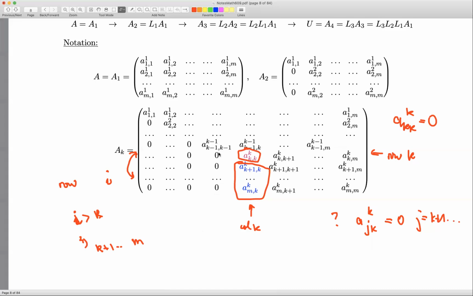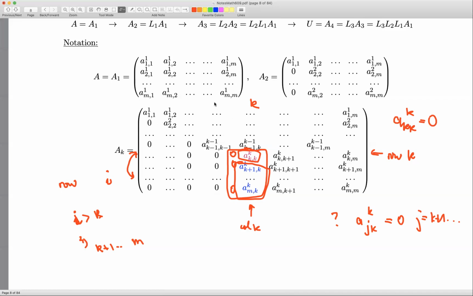It means that this whole part of the column here will have zeros. So this is 0, this is 0, and so this is 0. This part here consists of all zeros. Well, what does that mean? This is column k. So let's look at this matrix, and let's look at the columns of this matrix.